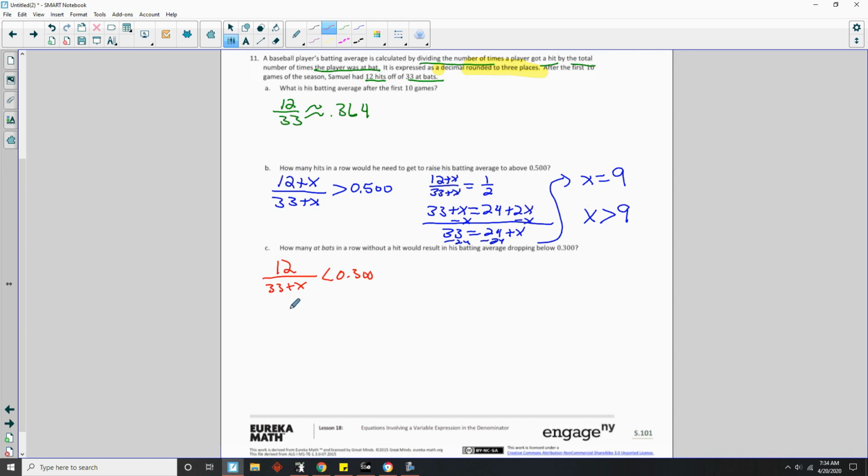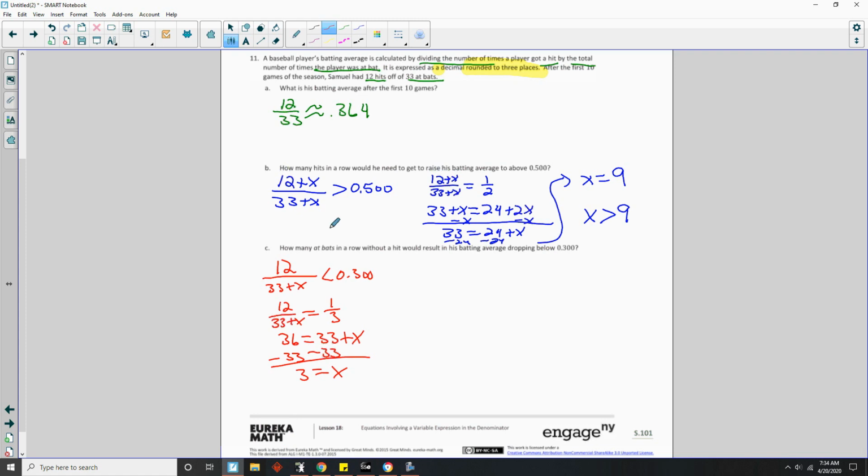So in order to solve this, it'd be 12 over 33 plus x equals, well, that's 1/3, 3/10, if you will. Cross multiply, and I get 36 equals 33 plus x. Subtract 33, and I get 3 equals x.